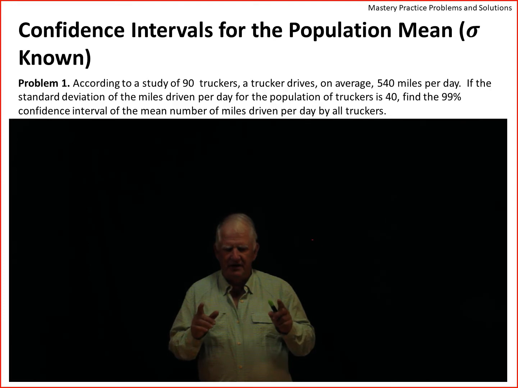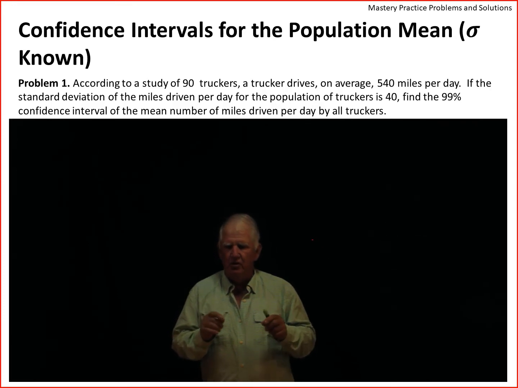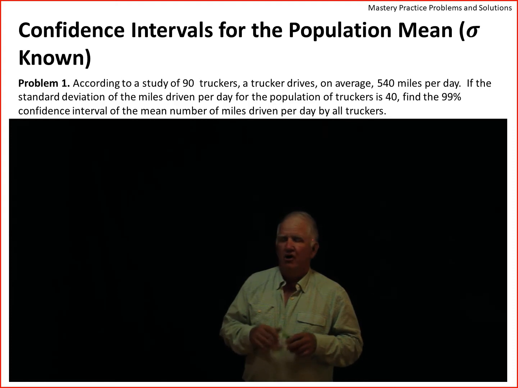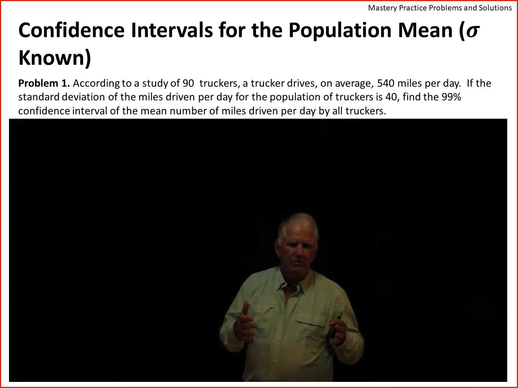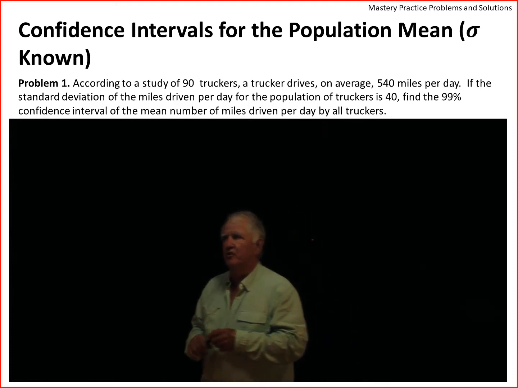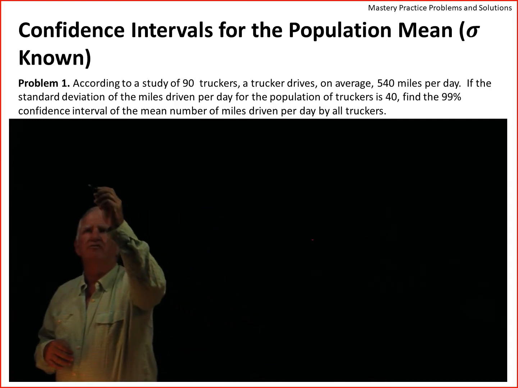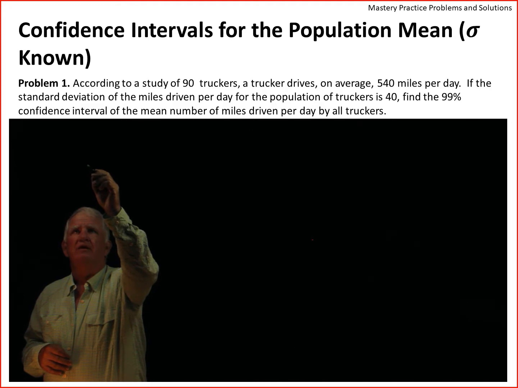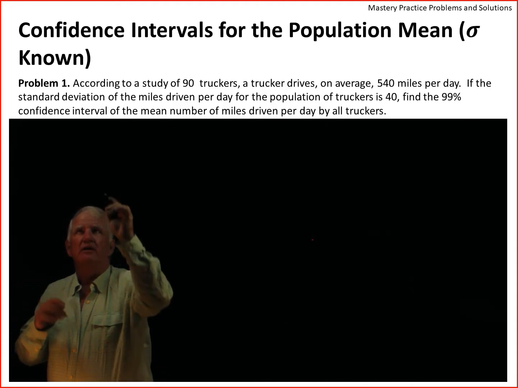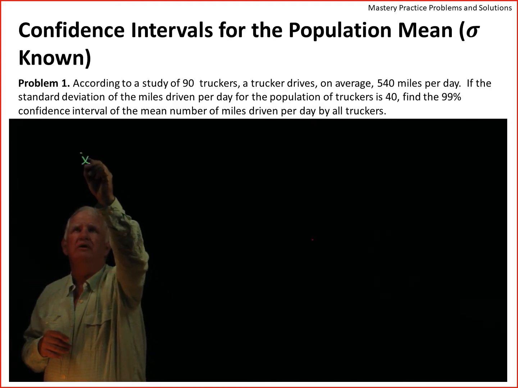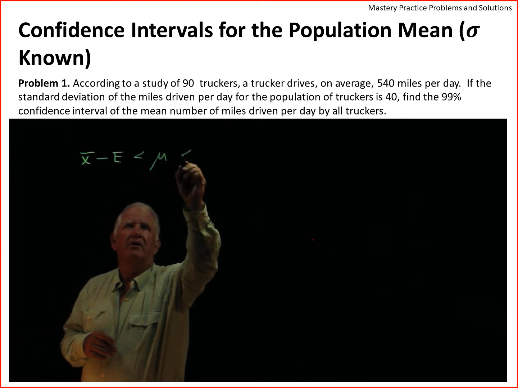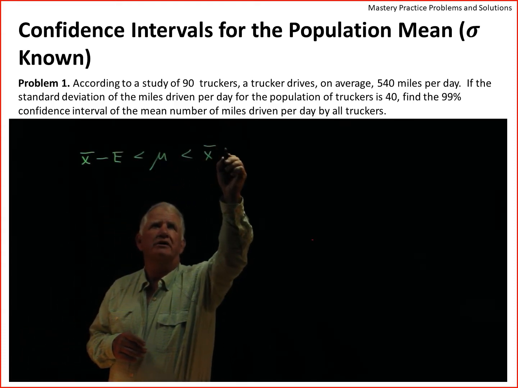The fact that you know the standard deviation of the population drives you to a particular set of formulas. It drives you to this formula right here: the mean that we're looking for is bound below by this quantity and bound above by this quantity.